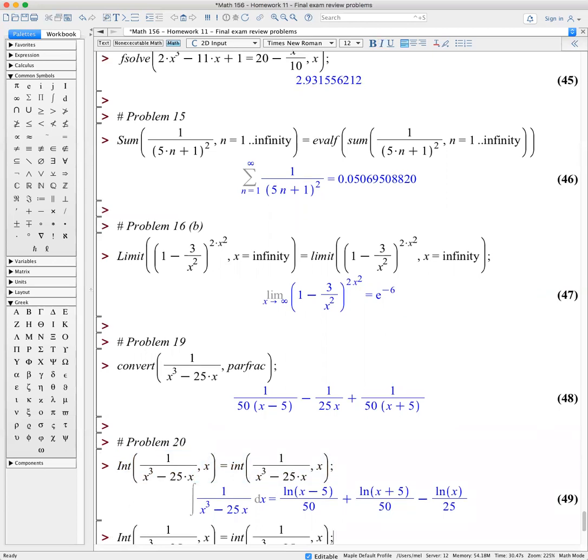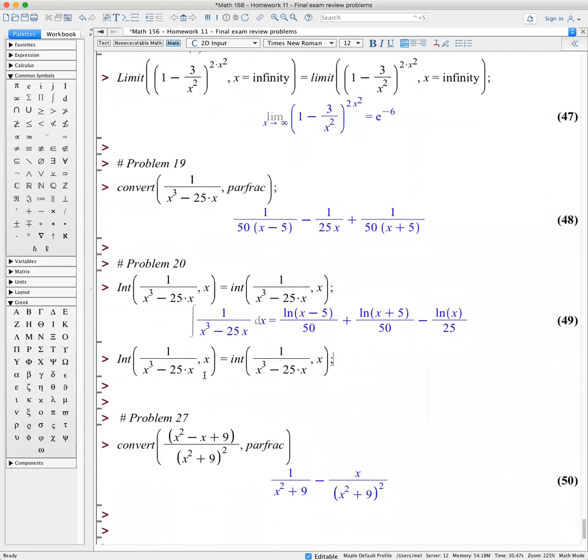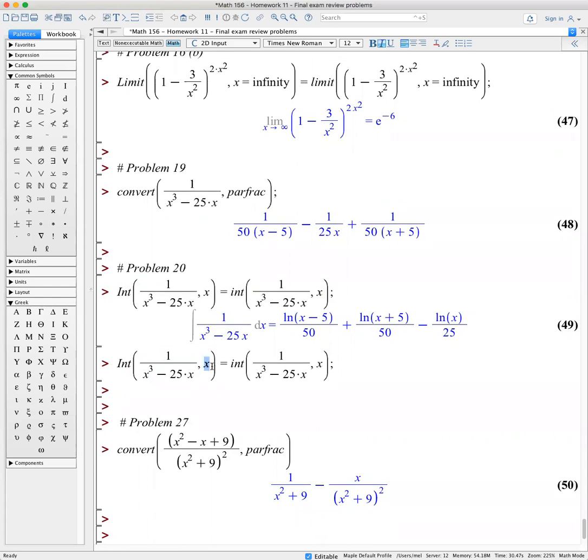And if you want to do the definite integral from 10 to 30, x equals 10 dot dot 30.